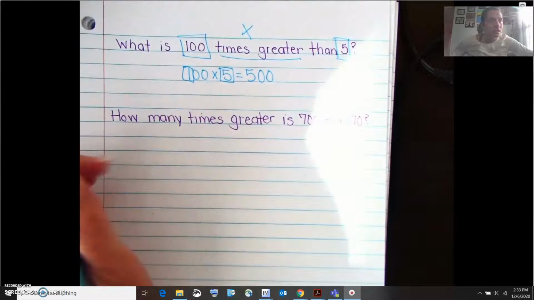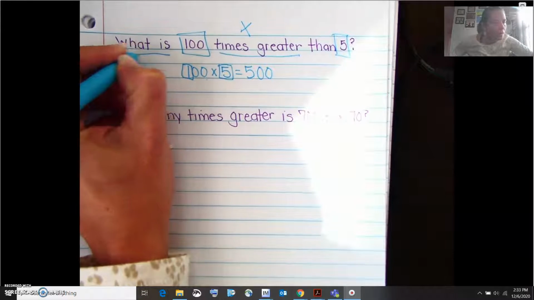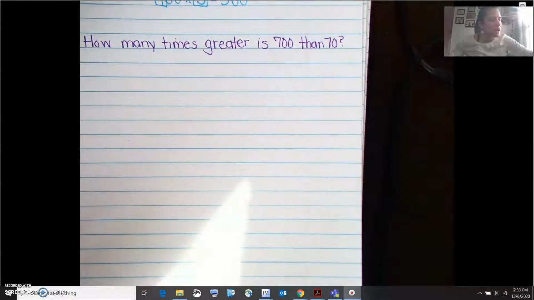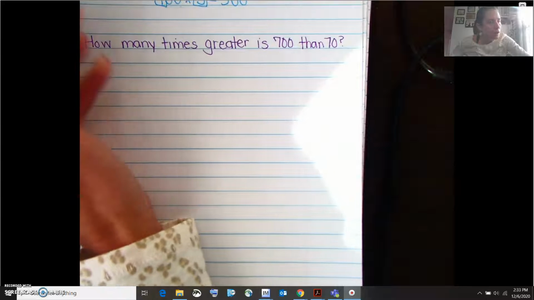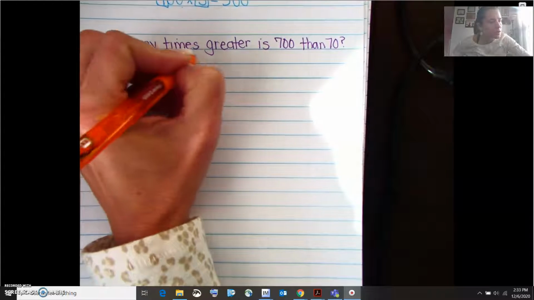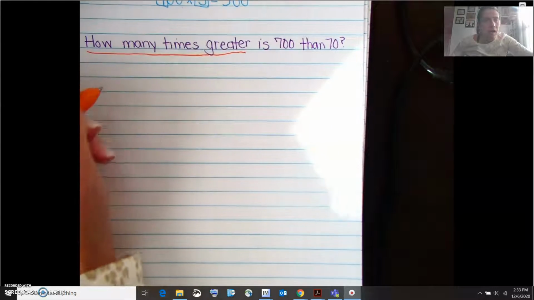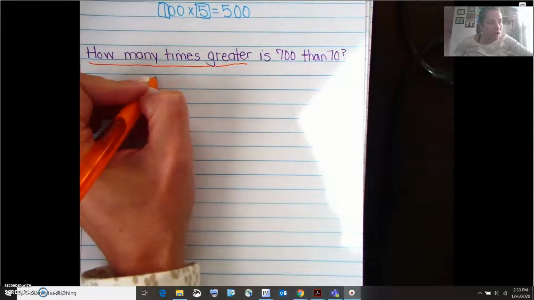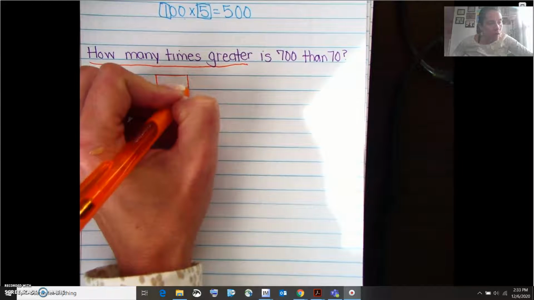Now if you notice this, it starts with what is. This one starts with how many times greater. So that means we don't know how many times greater. So that is our question mark. That is our box.